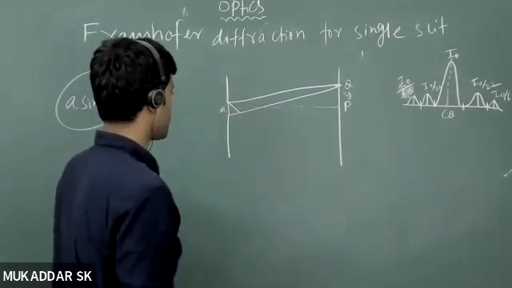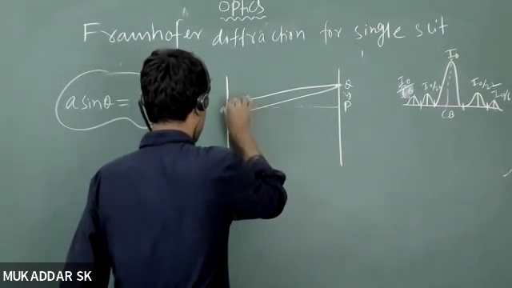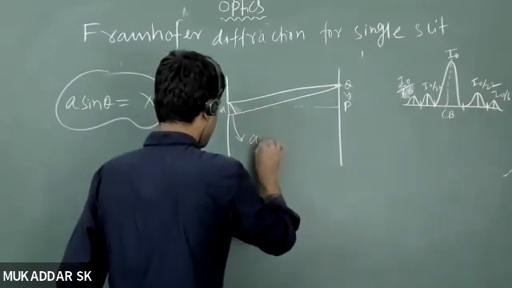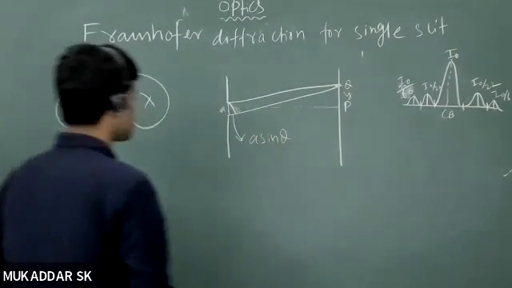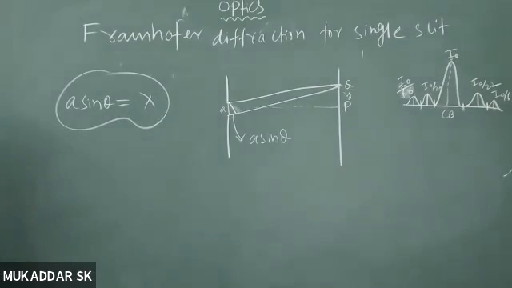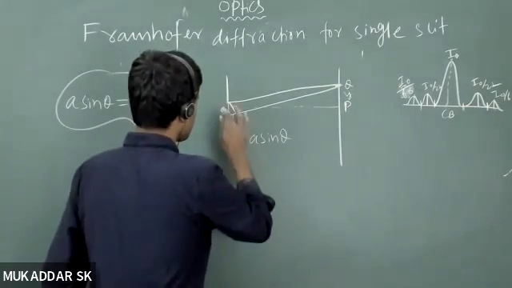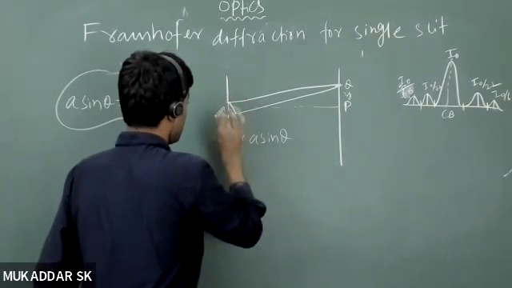You have to draw a normal, perfect normal. तो ये वाला है आपका a sin theta. If you draw that normal, you will get path difference of ray number 1 and ray number 100. That path difference will be how much? a sin theta.